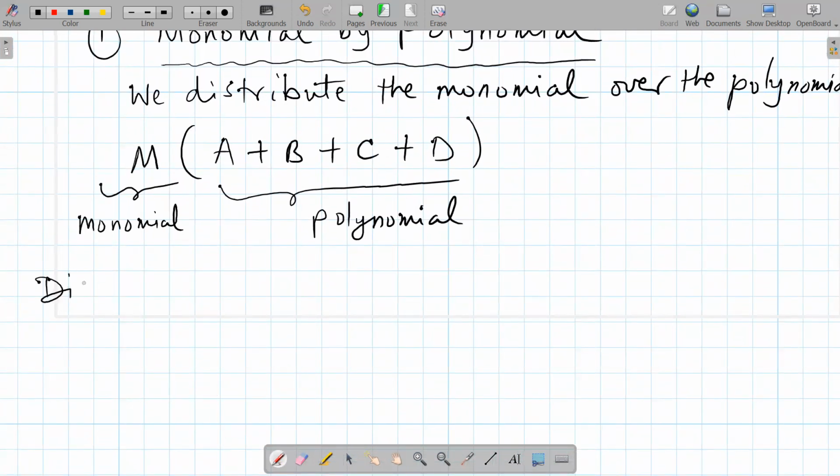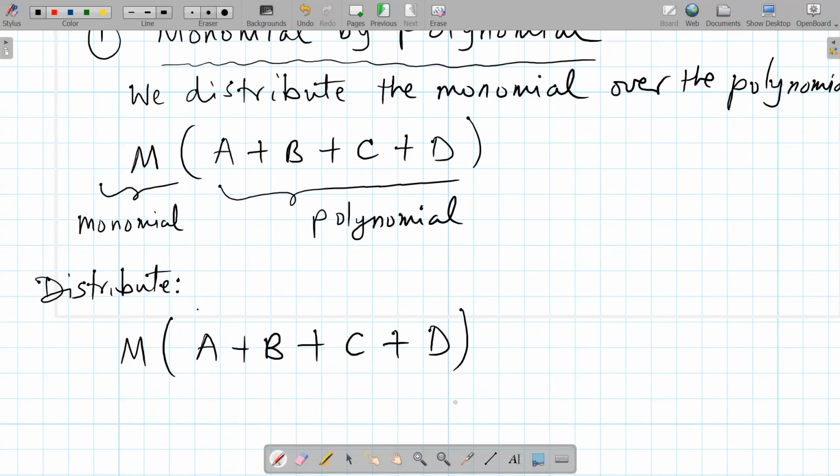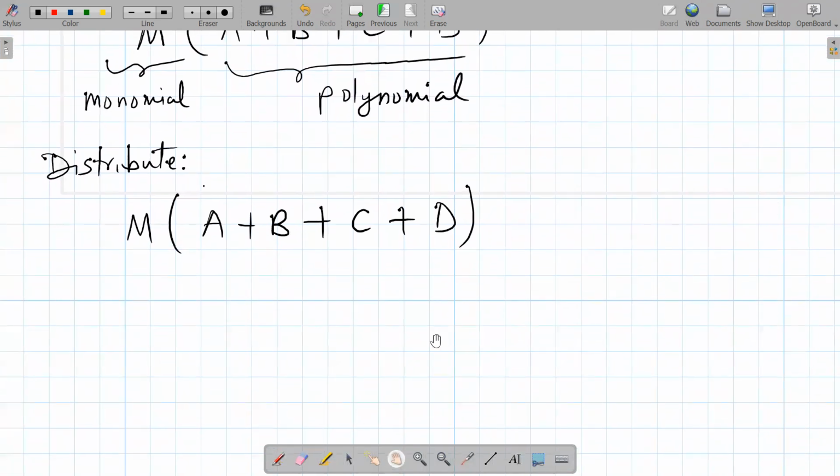So if you distribute, you have m into a plus b plus c plus d. Whatever is outside distributes over those inside.